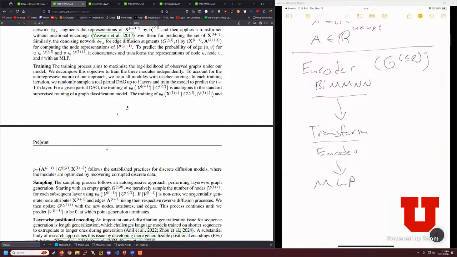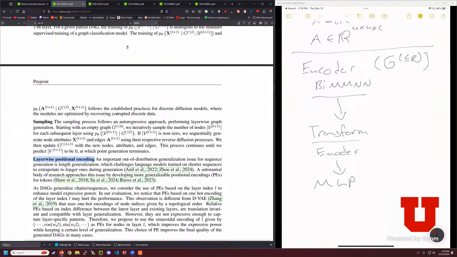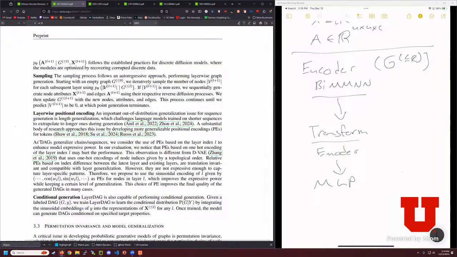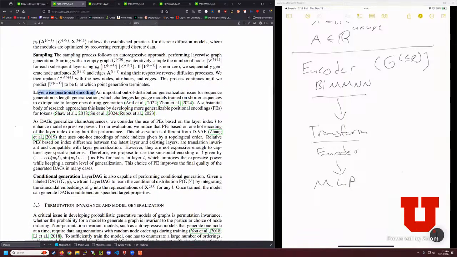And they add a bit of statement about a layer-wise positional encoding. However, it's very unclear if they use it or not, because in their design they say, we then apply a transformer without positional encodings, and then they talk about layer-wise positional encodings.